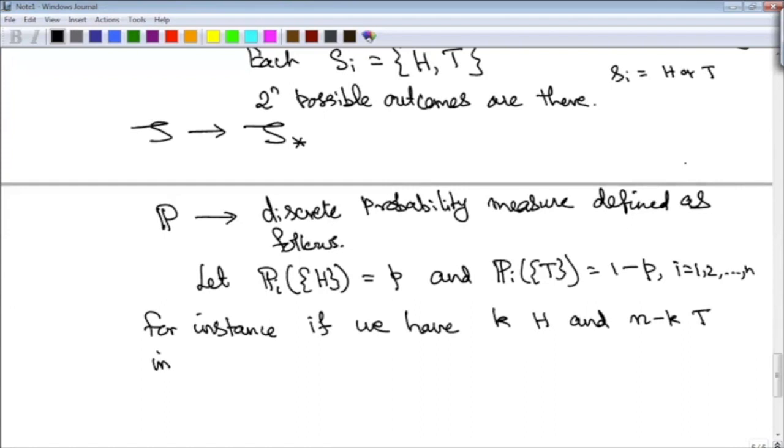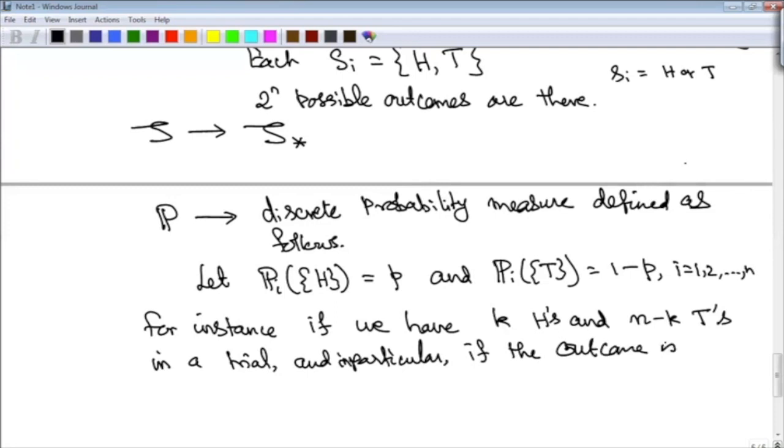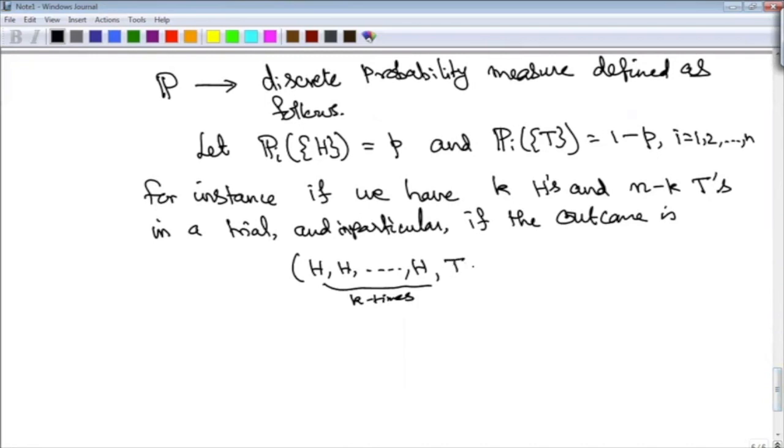Therefore if we take k heads and n minus k tails in a trial, and in particular if the outcome is H for all the components up to the first k, k times, and then from k plus 1 onwards tail, going up to n.